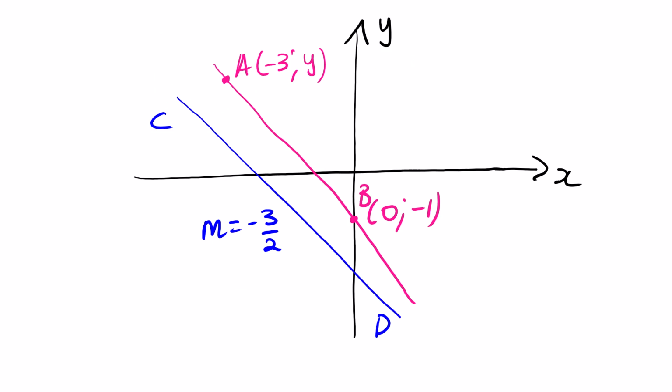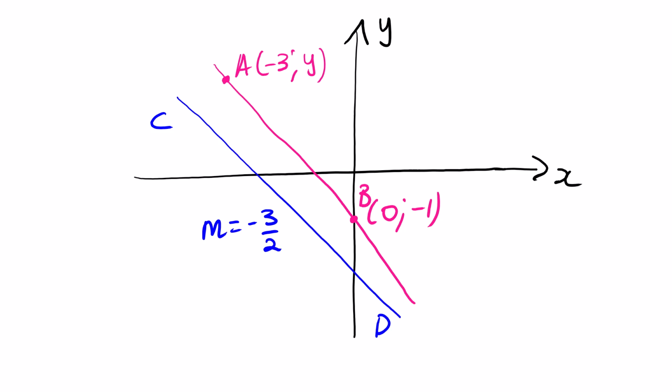Our next example is based on two lines which are parallel to each other. We have line ABCD. We are given that the gradient of CD is negative 3 over 2, and we have the coordinates of AB.